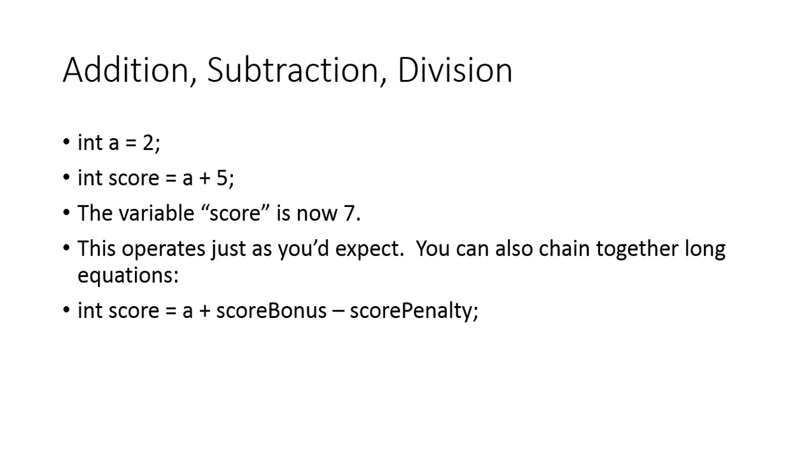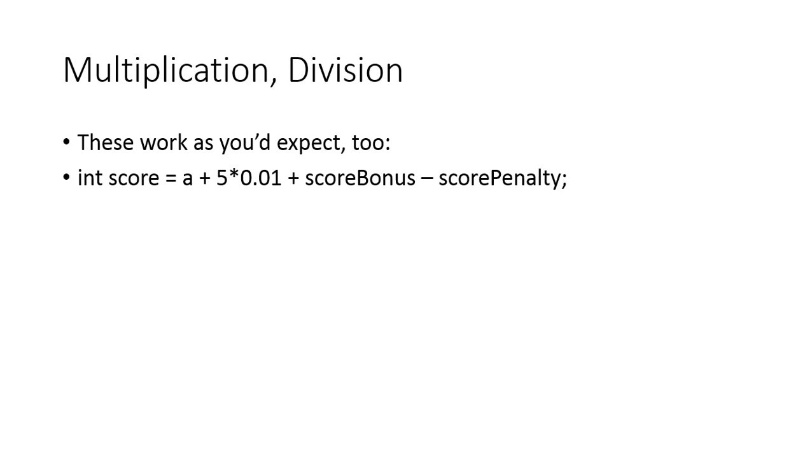I'm going to pause and let you play around with some stuff in Xamarin in a second here. For multiplication and division, these work as you would expect. So for example, we can have a 5% modifier here where we can say int score equals a plus 5 times 0.01, which will basically give us 0.05, plus the score bonus minus the score penalty, so you can chain those together as much as you want.